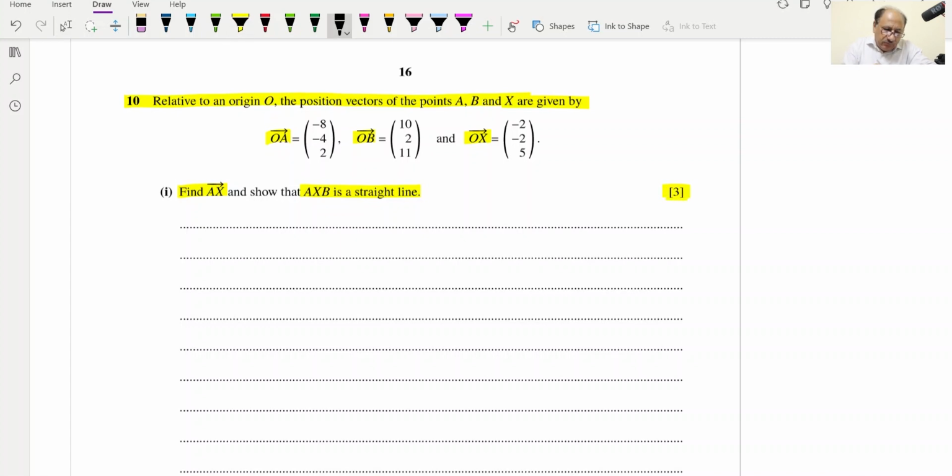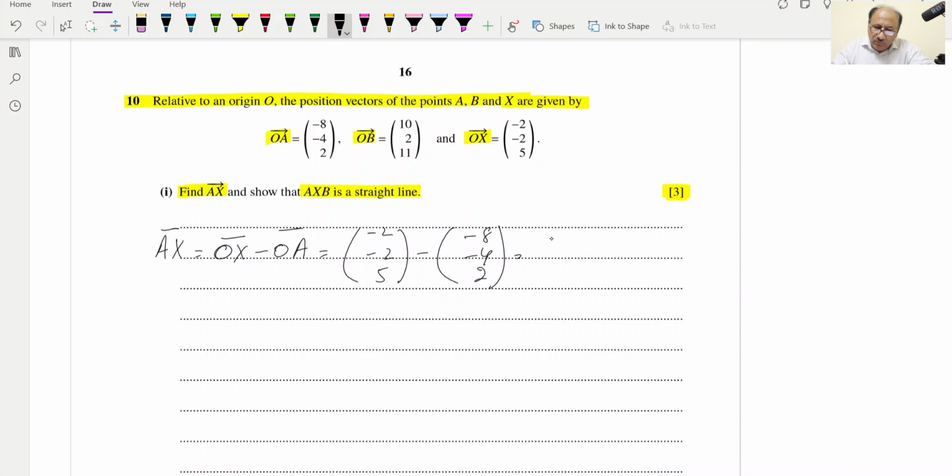So AX vector will be equal to OX minus OA. We have this OX which is minus 2, minus 2 and 5, and minus OA, which is minus minus 8, minus 4 and 2.